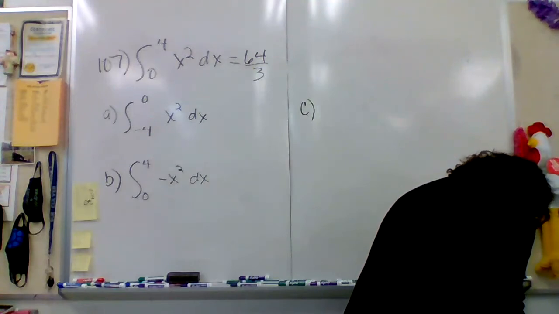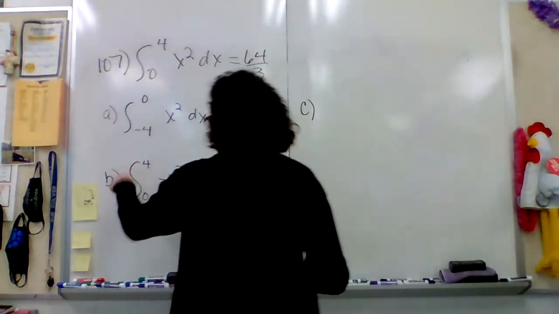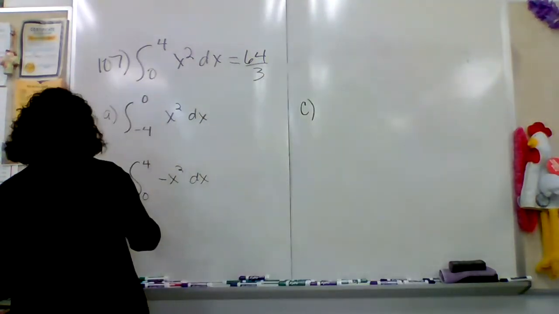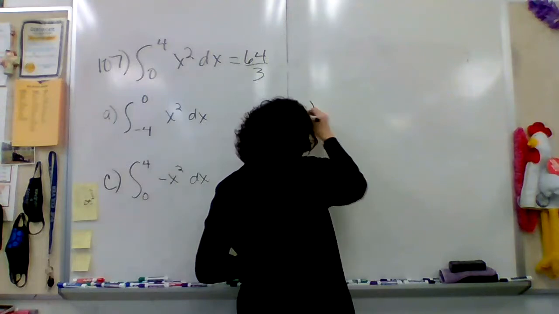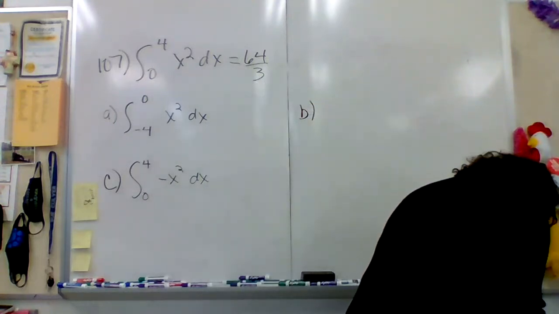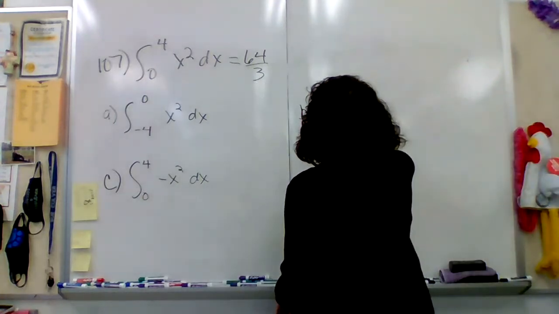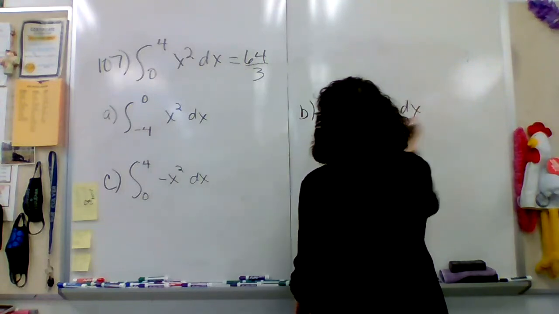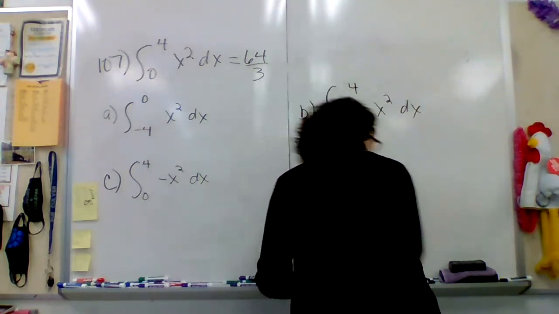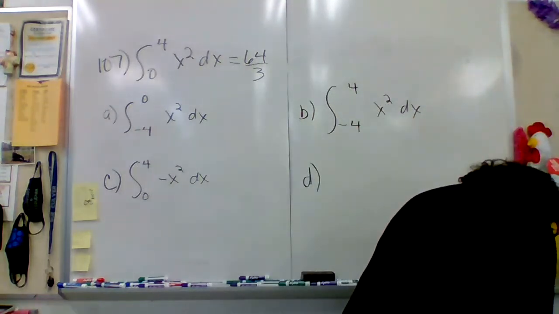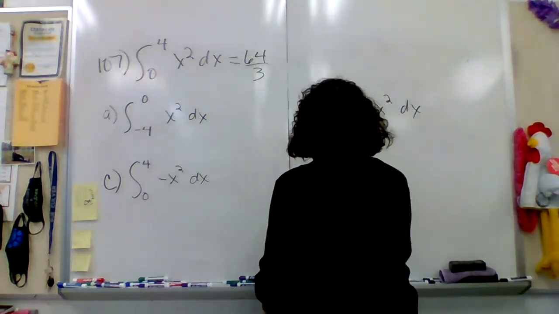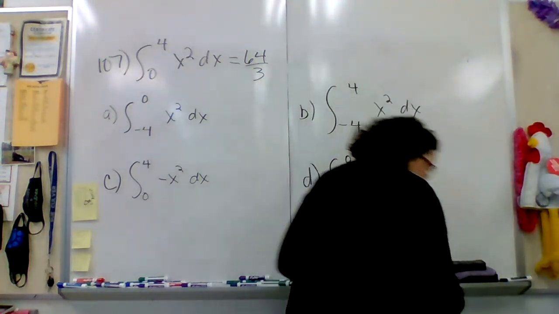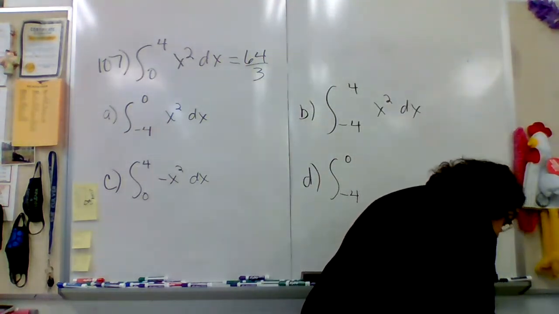On c, -4 to 4 of x squared dx. And then d, they would like -4 to 0 of 3x squared dx.